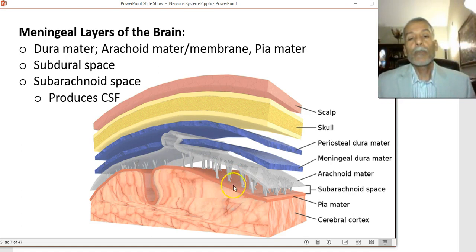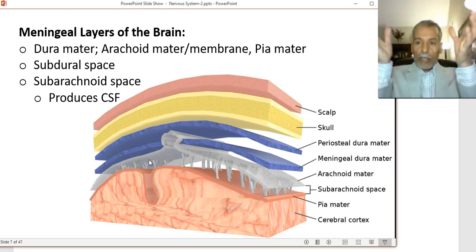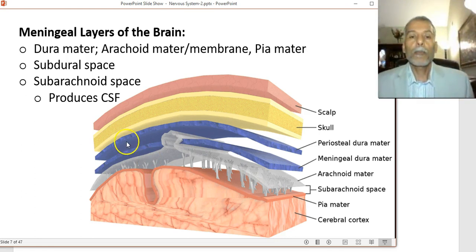The subarachnoid space is filled with blood vessels all over, and also it has fluid. Fluid fills it, and it surrounds the entire brain from all sides, and it goes down to surround the spinal cord all the way down.